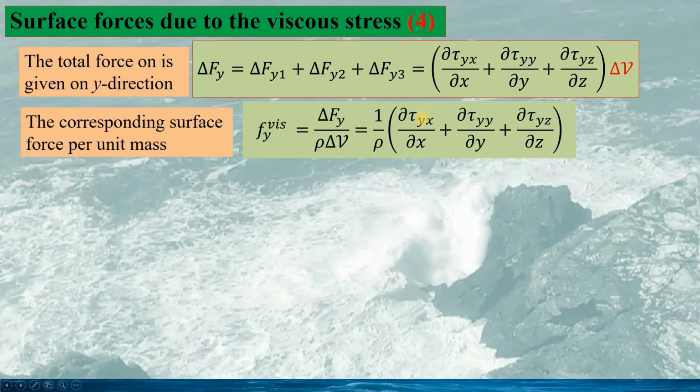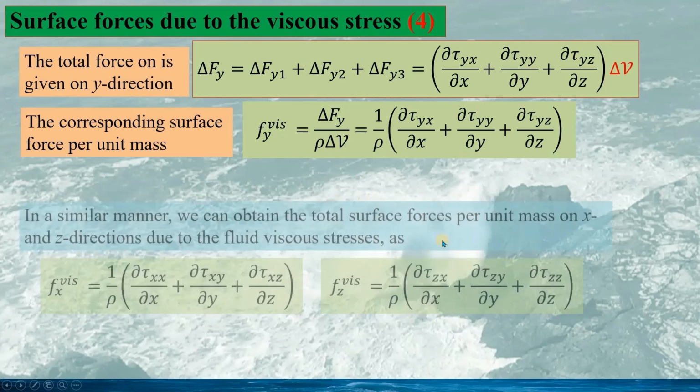So here you can see the first subscripts are all y, so that means the force would be in the y direction. And the second subscript corresponds to the partial differentiation with regard to x, y, or z: tau yx with regard to x, tau yy with regard to y, and tau yz with regard to z.